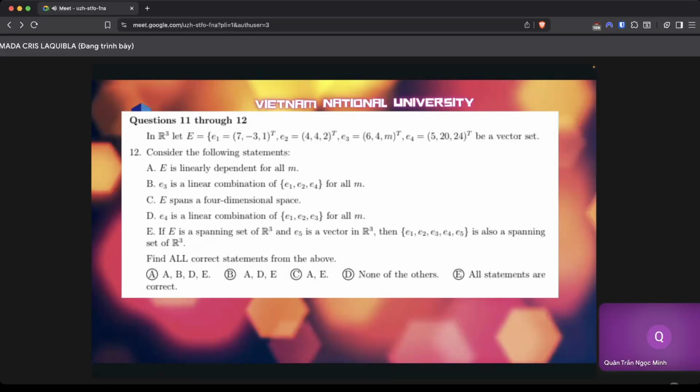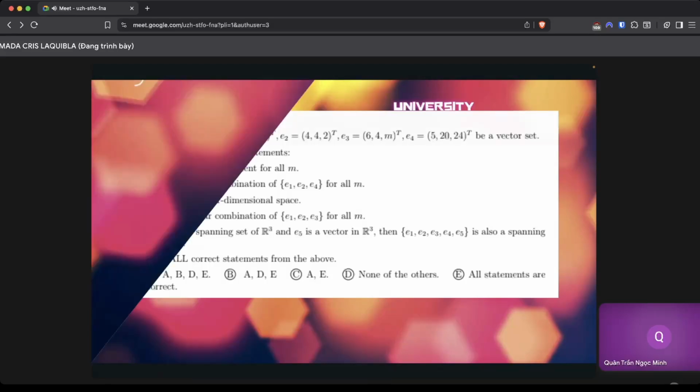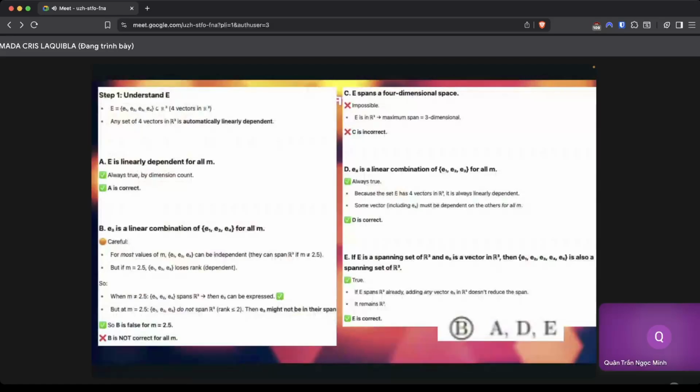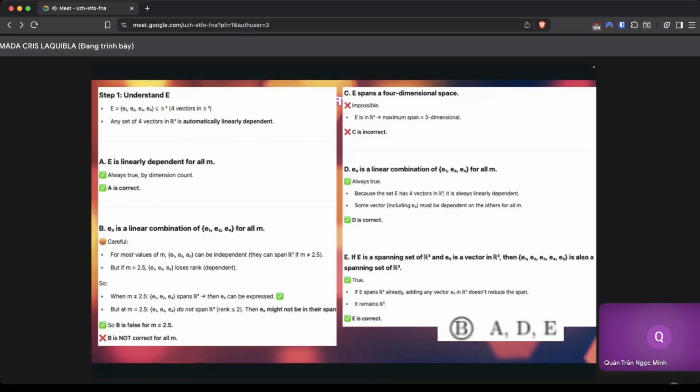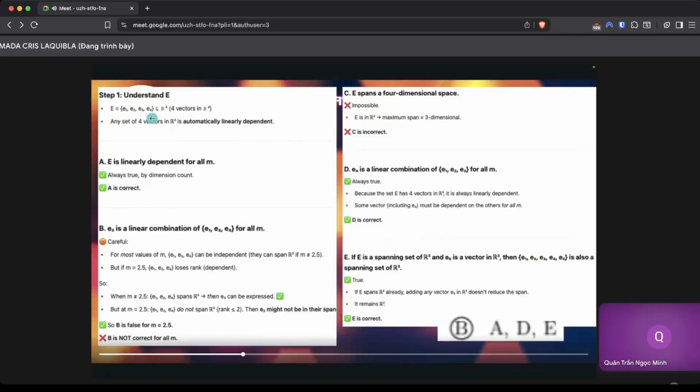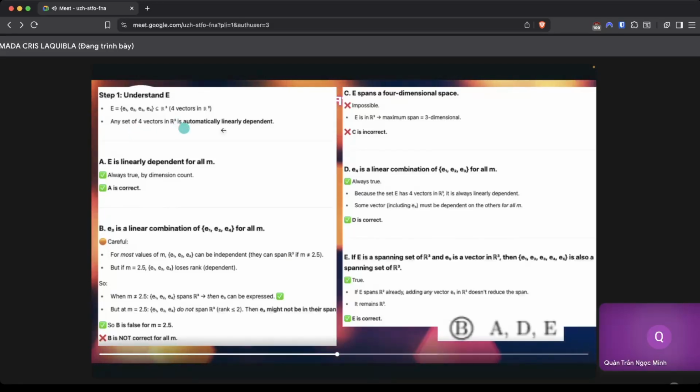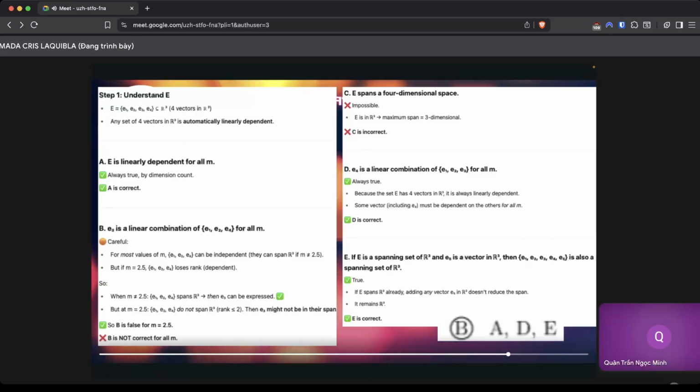So I'll give you some explanations here in individual letters. So understand E. Your E there has four vectors in R3. So any set of four vectors in R3 is automatically linearly dependent. Please take note on this. Why any four vectors? Because as you can see, only three vectors in R3 form a basis, right?